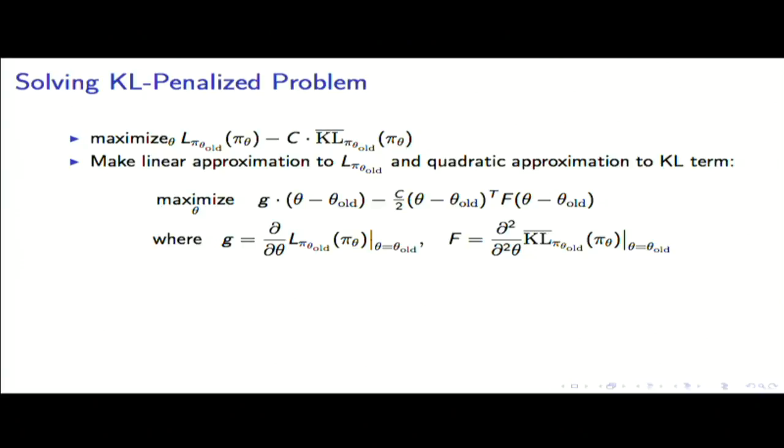However, the Hessian of the KL divergence is positive semi-definite because the KL divergence is minimized at our starting point where theta equals theta old.